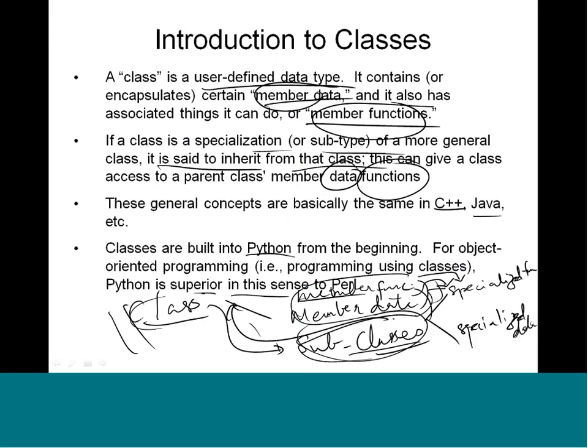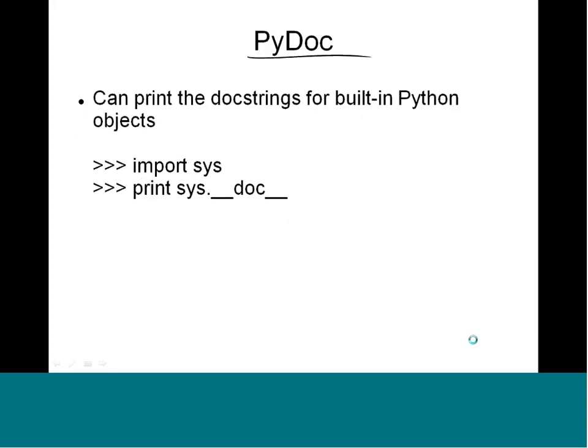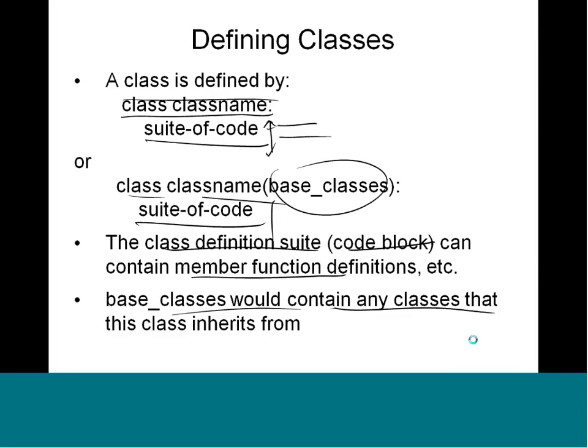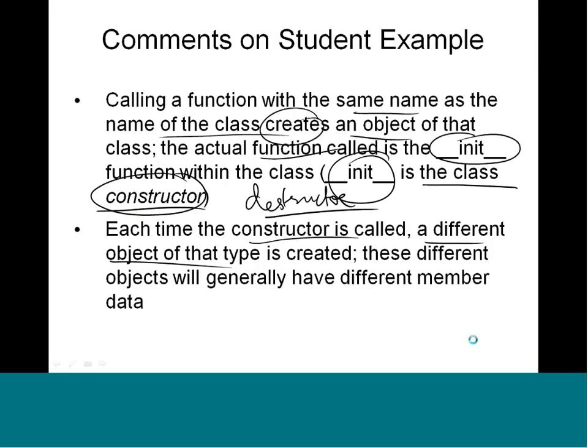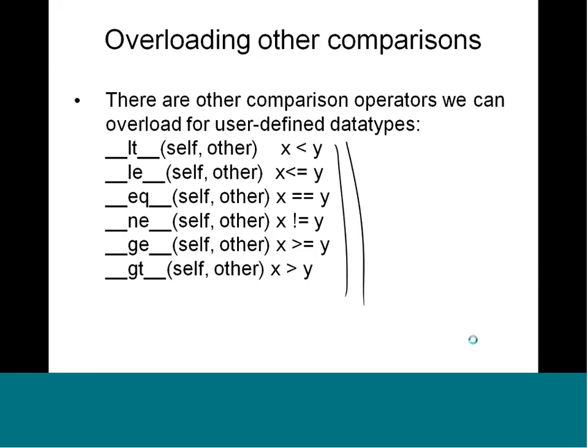So it also inherits the member data and the member functions, and then you can add some specialized functions and specialized data. And then we went through some examples of the class and how it works.